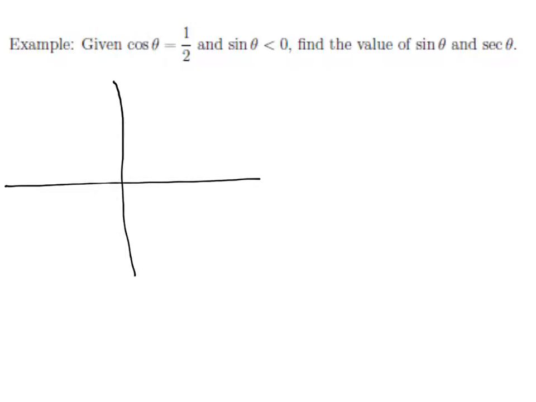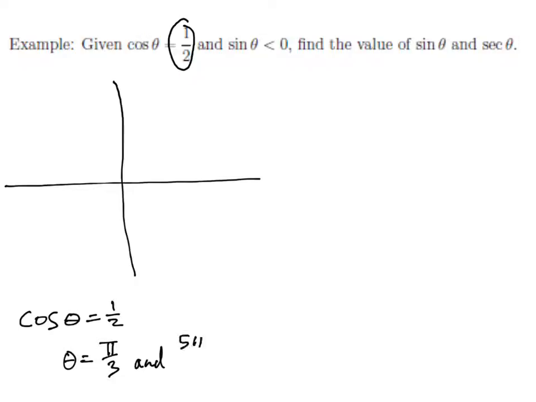So it says cosine is equal to 1/2. Well, cosine has a value equal to 1/2 when theta is equal to pi over 3 and at 5 pi over 3. And these values are just coming from the unit circle.